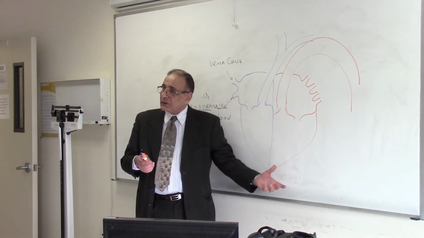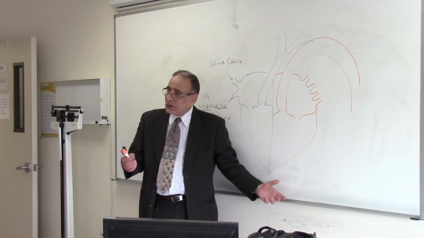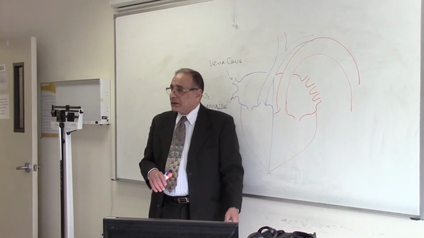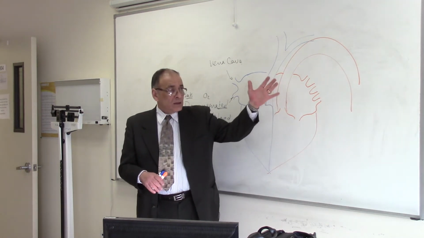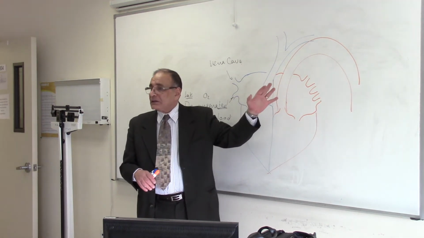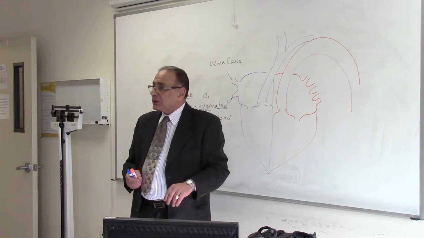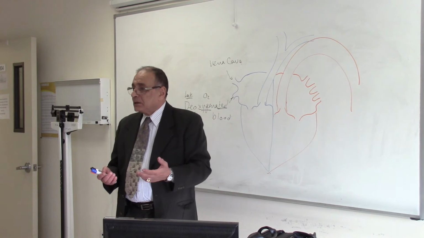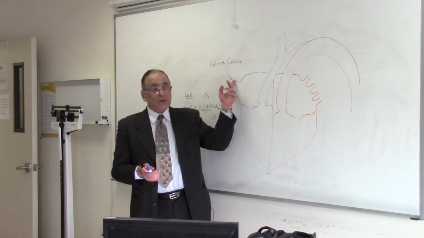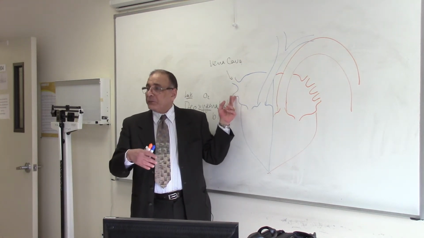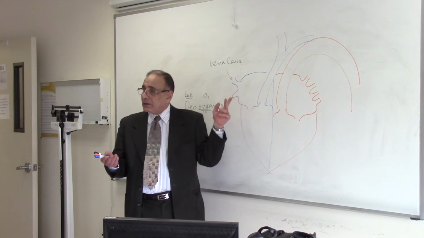When it goes further away from the heart, it becomes smaller and smaller and smaller. So you can recognize that these blood vessels are the biggest blood vessels in the body. The aorta is the biggest artery. The vena cava here, superior and inferior vena cava, are the biggest veins in the body.